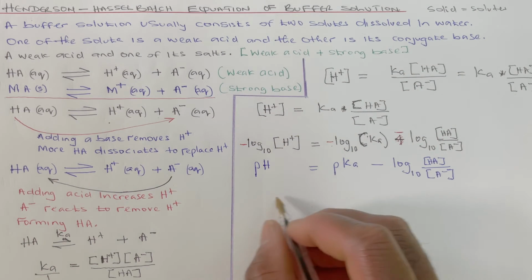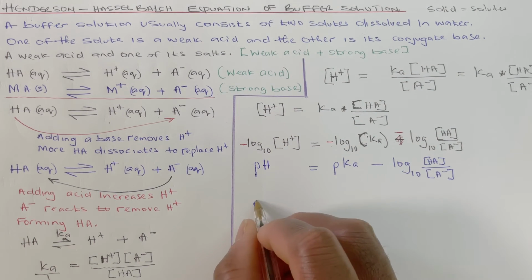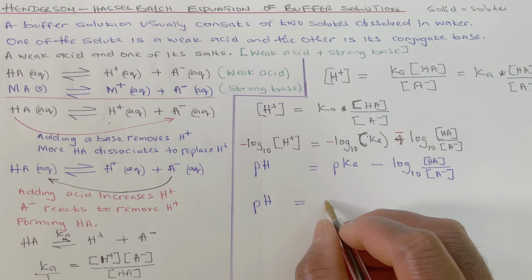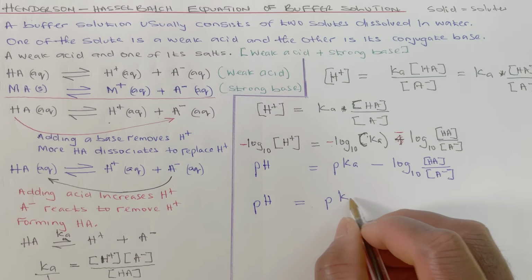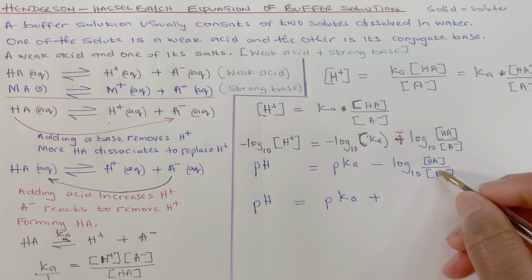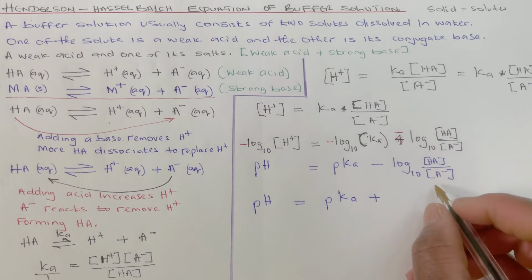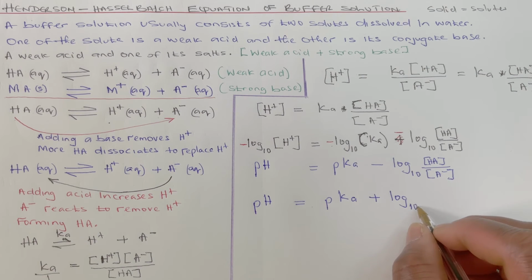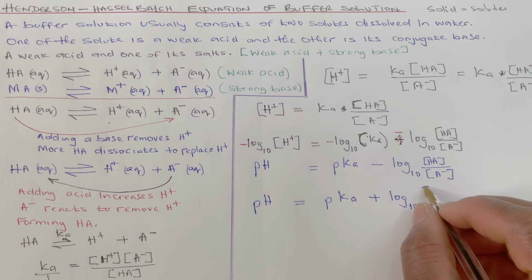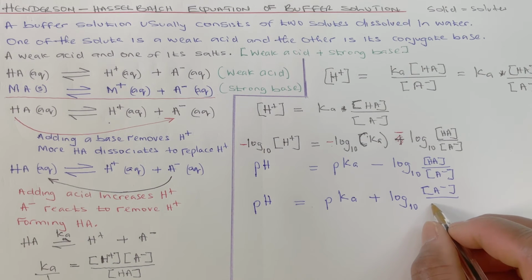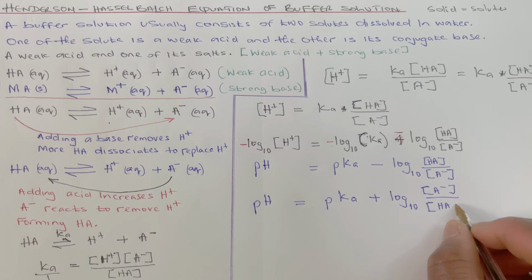You can also rewrite that equation by saying pH is equal to pKa plus, if you invert the ratio of the acid to the base, log base 10 of the concentration of base over the concentration of acid.